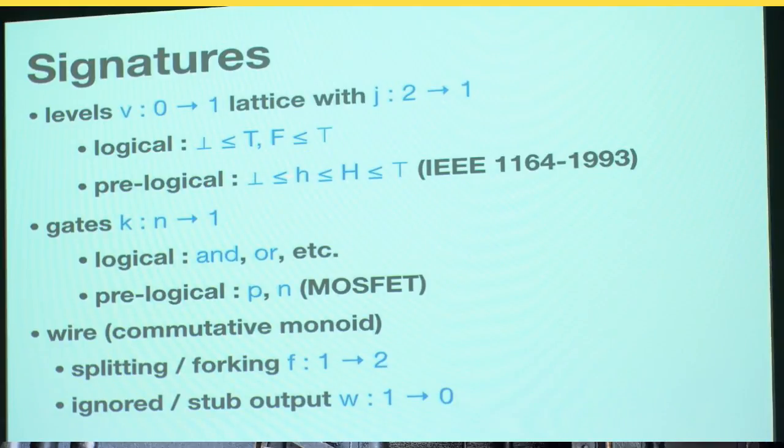In case you want to reason about circuits at the pre-logical level, then you can take a more complex lattice of values, and this is an IEEE standard about digital circuits. And here you have a low, a high, a low intensity high value and a high intensity high value, and the same thing about the low value, a low intensity low and a high intensity low, and they are ordered also in a particular way.